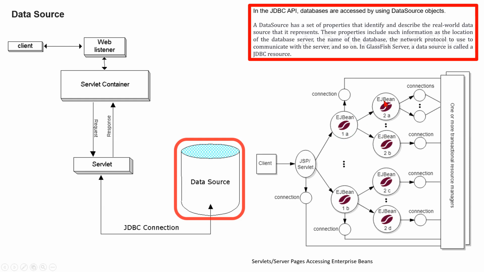Enterprise Java Beans are connected to connections, which interact with one or more transactional resource managers. Enterprise Java Beans are also connected to other enterprise Java Beans. These enterprise Java Beans are connected to connections, and these connections interact with one or more transactional resource managers.